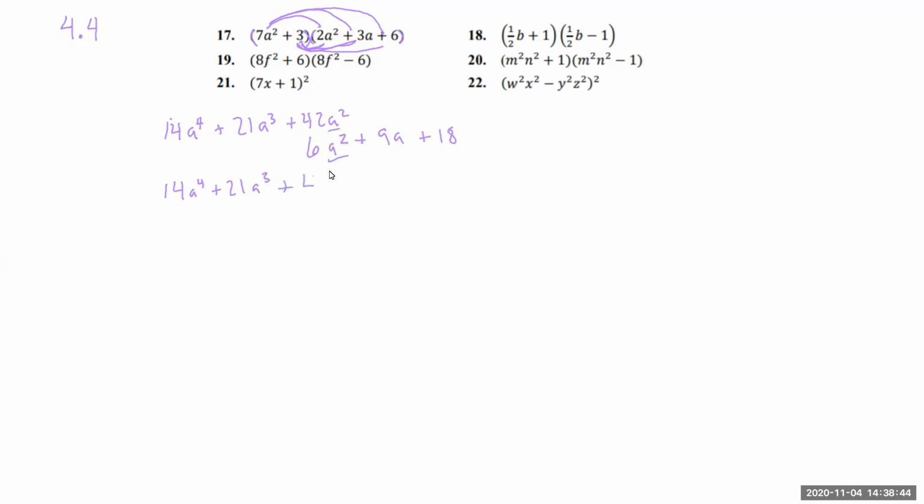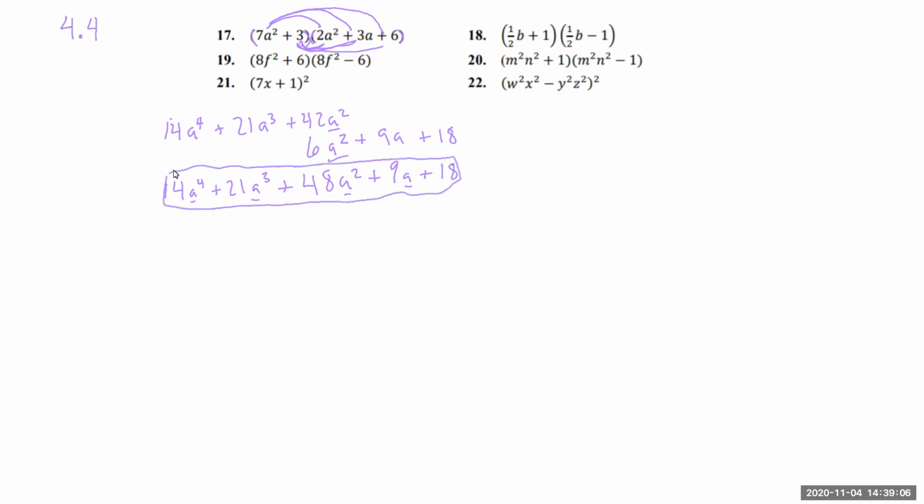So we have 48a squared plus 9a plus 18. Because all of these a's are different, we can't combine like terms on this one, so we just have to leave it as this long thing.